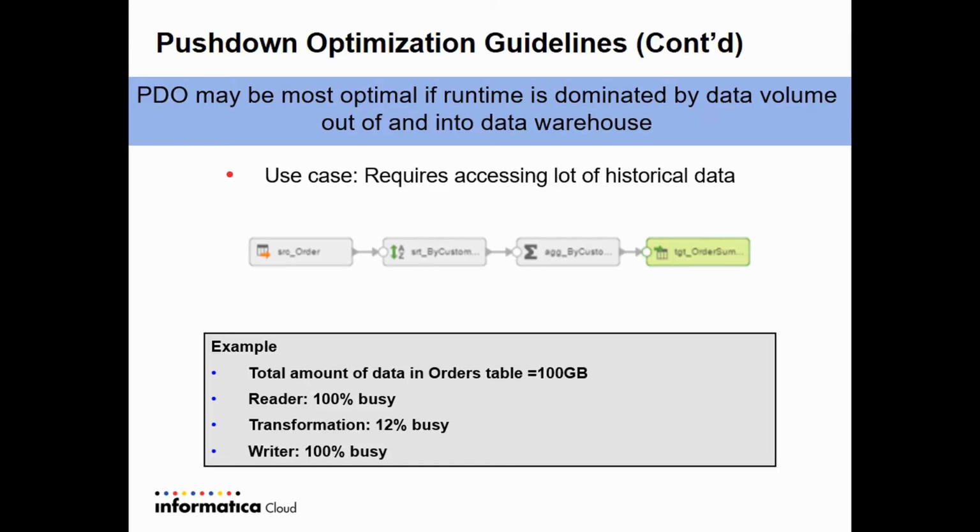Then, the writer comes into the picture, which loads the data to the target. Again, to load such a huge amount of data, the system becomes engaged in this process, failing other processes. In such a situation, usage of PDO may be the most optimal.